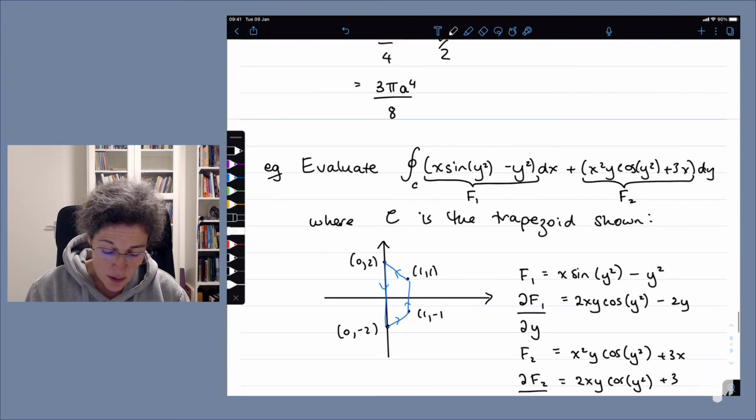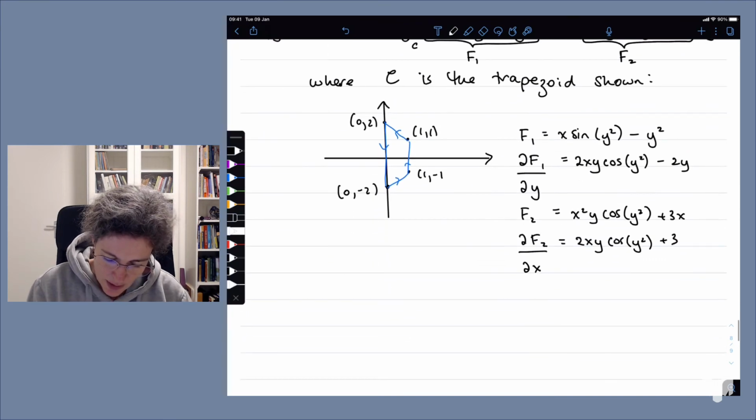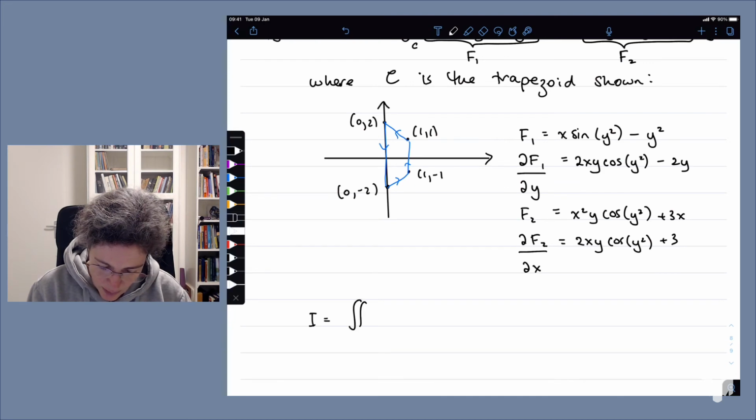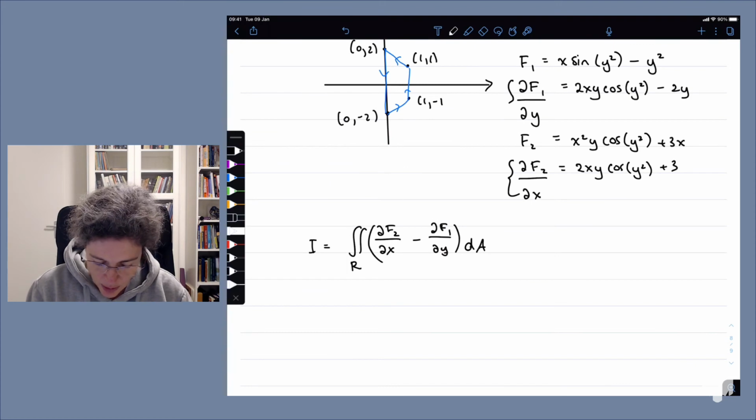And now Green's theorem says this integral is in fact equal to the integral over our region of this bit minus this bit. Okay, let's do that subtraction.